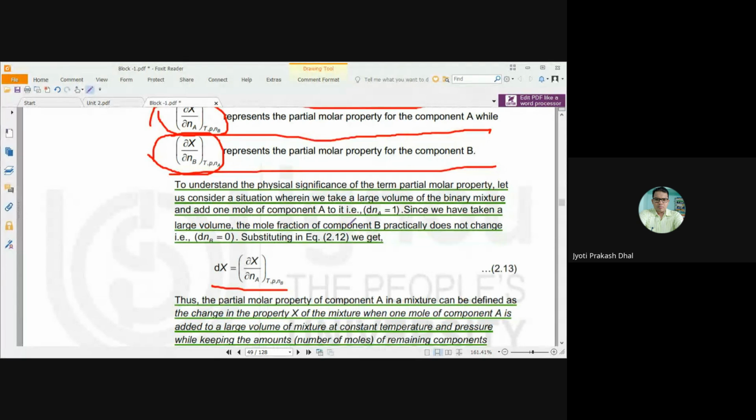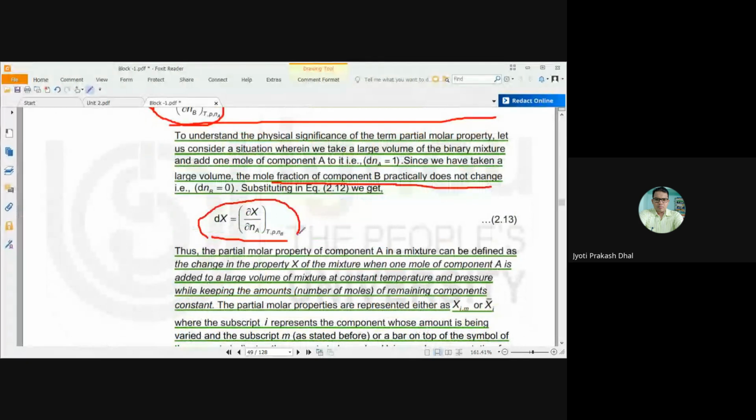Since we have taken a large volume, the mole fraction of the component B practically does not change upon addition of just 1 mole of component A. So dNb will become 0, and in this situation dX equals (∂X/∂Na) at T, P, Nb.